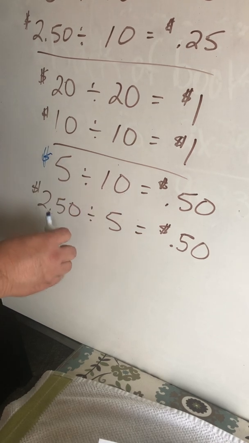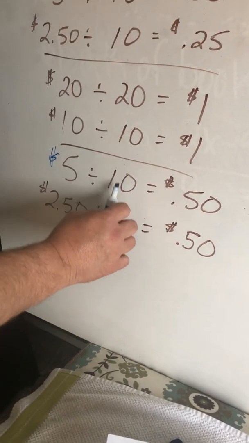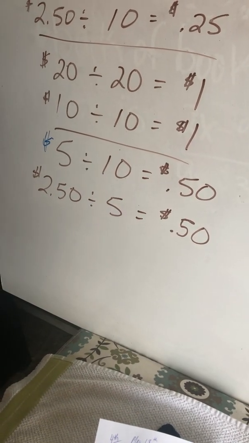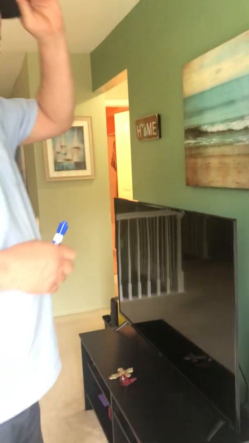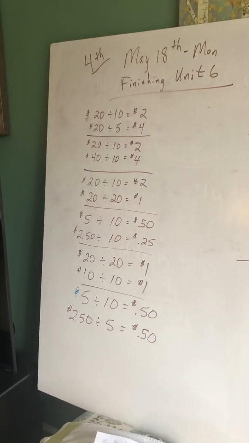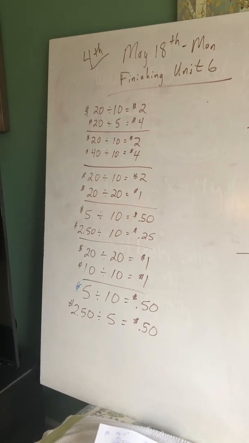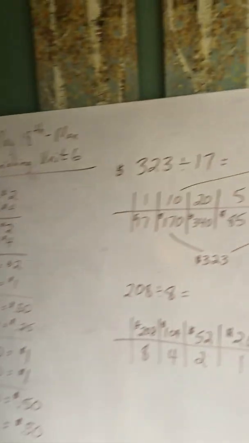If you cut the divisor in half and you cut the money in half, it's still 50 cents. In the teaching guide, they wanted me to show you that. If you want to look at those, if you think I went through those too fast, just go back, pause, and take a look at those, okay?